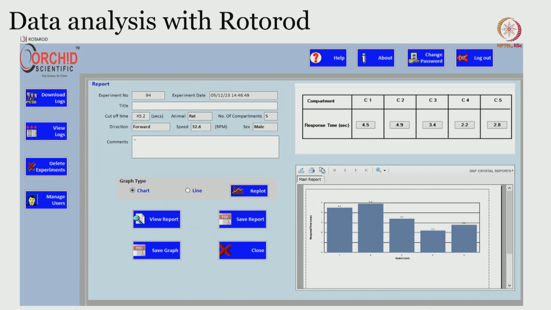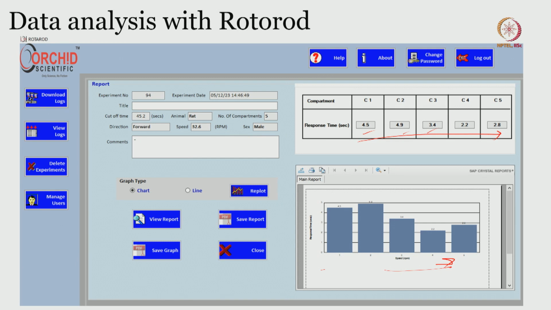When you look at this, there are values where different response times have been recorded, and it also gives a pictorial representation where you can plot the responses over different trials, and of course for the different rats together if possible.